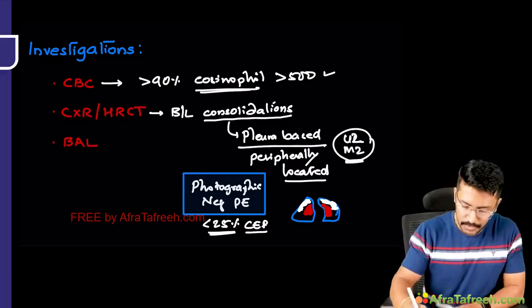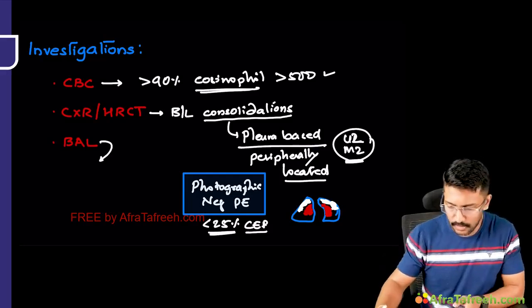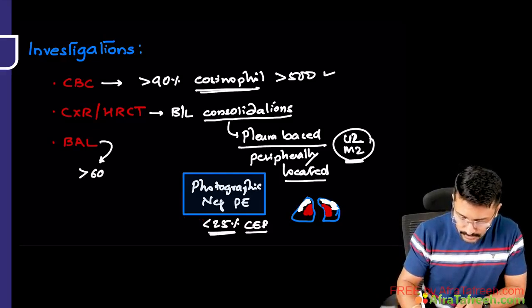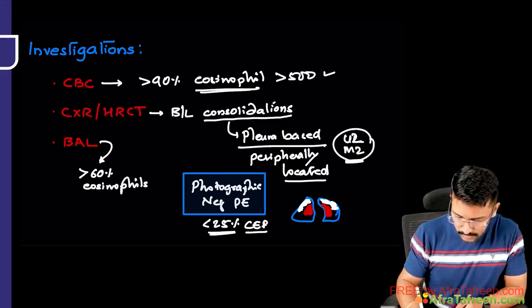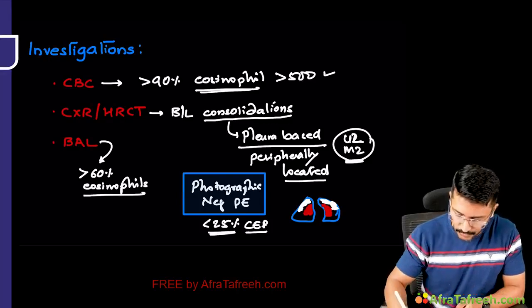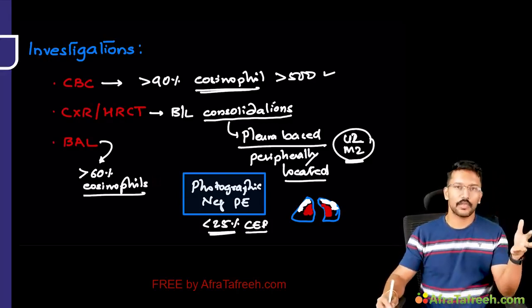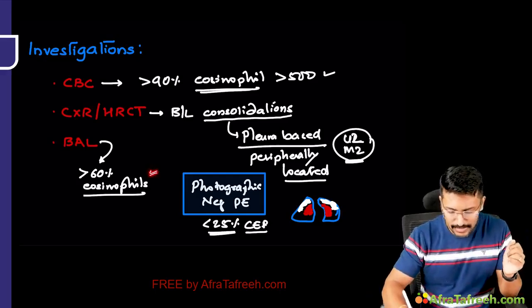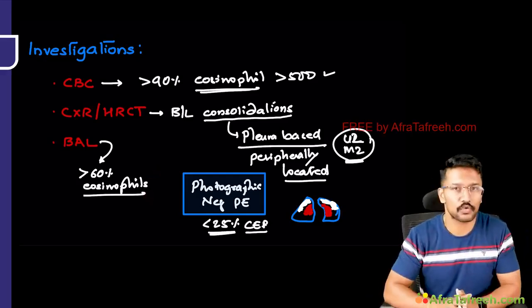Okay. Now such a patient, when he is subjected to bronchoalveolar lavage study, we will see that more than 60% eosinophils will be there. So when we were talking about acute eosinophilic pneumonia, 25% was the cutoff to call. Here we will be seeing more than 60% of the cells as eosinophils.